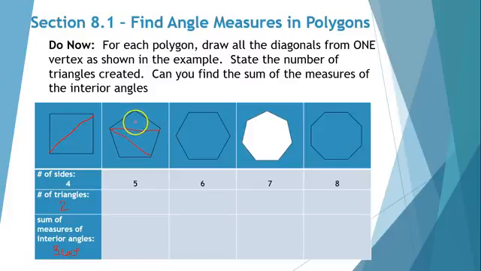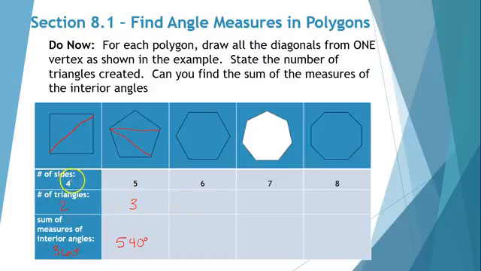And we did that again with a pentagon. A pentagon separated with its diagonals drawn in like this is being separated into three triangles. So 5 sides, 3 triangles, which means 3 times 180, we get 540. And so we noticed in class that we have a pattern forming here.